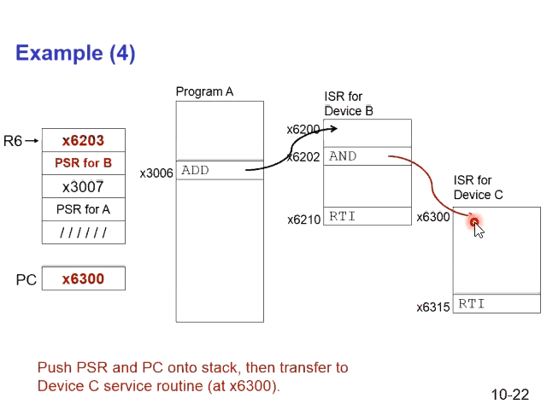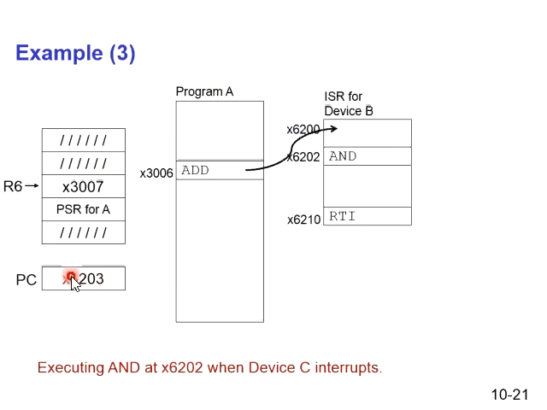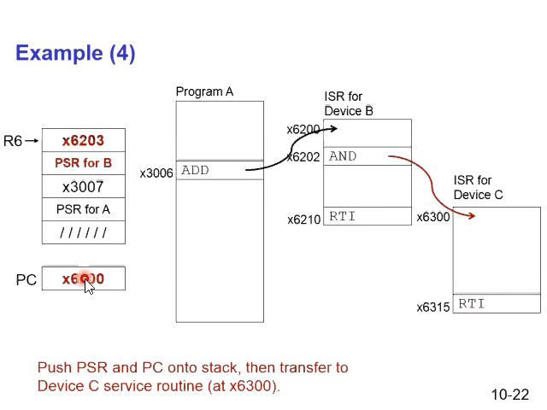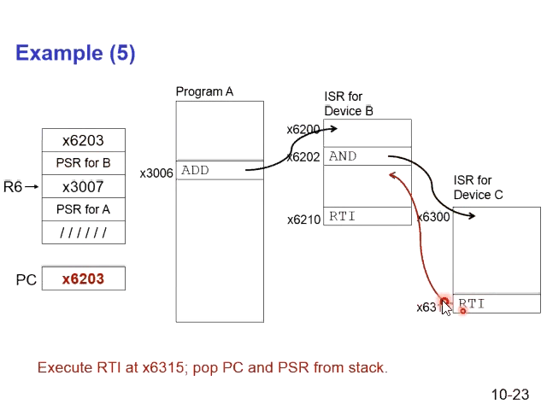So at that time we save the PSR for B and the current PC, we need to push it, and then you need to write the address of the first instruction of the interrupt routine for device C to PC. That means we have to go to this ISR to run, and then we go back.